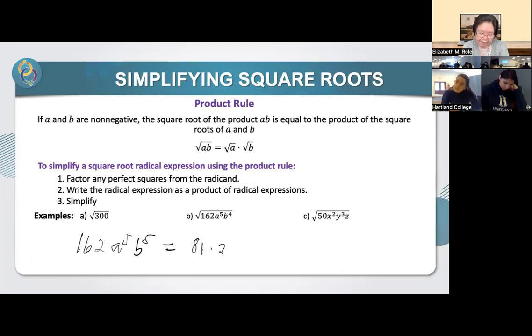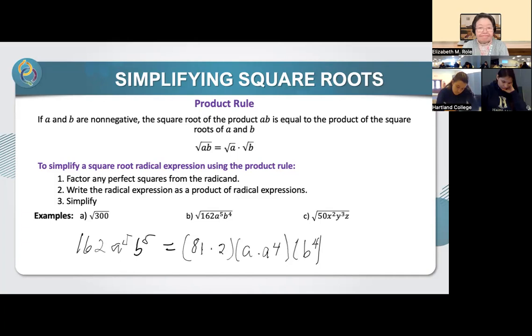Now we have a to the 5th. Separate that as one having a power that is even. So that will be a times a to the 4th. The reason is that anything with an even power is a perfect square. Therefore, you will remain with b to the 4th.